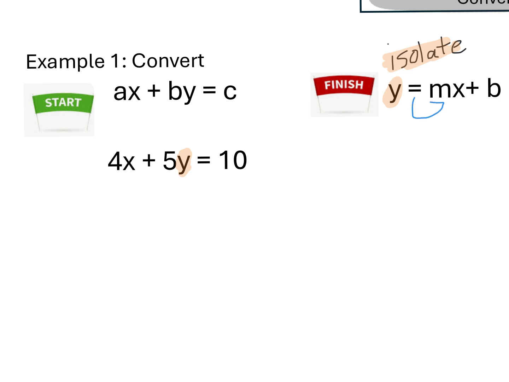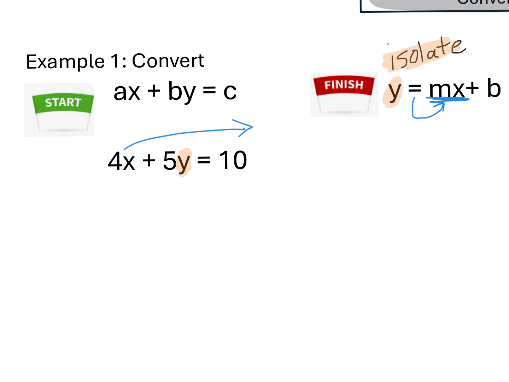One thing that's jumping out at me about the format that we want to end up with is that the x and the number in front of it is on the right-hand side of the equal sign, whereas over here, the x is on the left side of the equal sign. So in order to get this to look like that, one of the first things I need to do is get that 4x over to the other side of the equal sign.